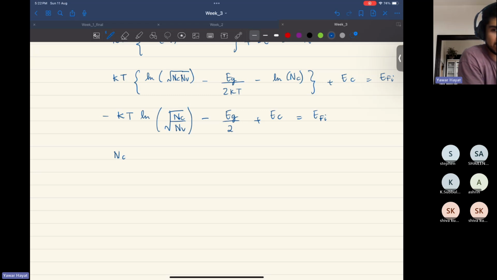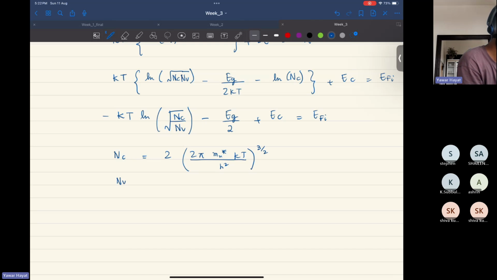I know NC and NV have effective mass dependence. So let me write the expressions. You should actually remember these as well because they might come handy in problems. NC is 2 pi mn star kT by h squared, whole raised to 3 by 2.